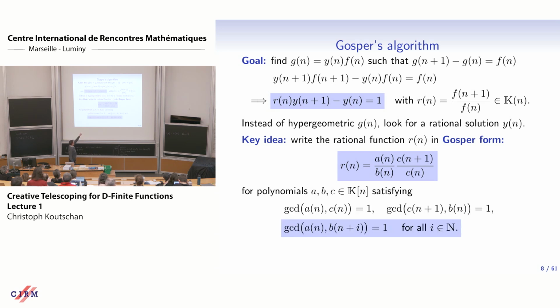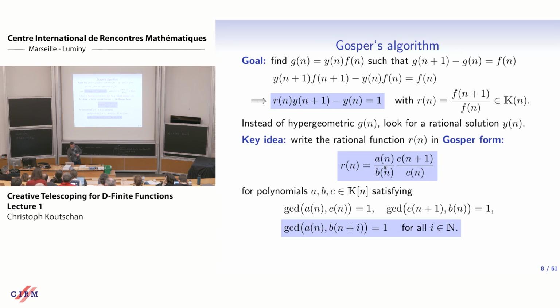Well, here in the first line are just the trivial, I would say, conditions. So of course we don't want that a of n and c of n have something in common, and similarly we don't want that these two things have anything in common. But the crucial point, the important condition, is the last one, the blue one.